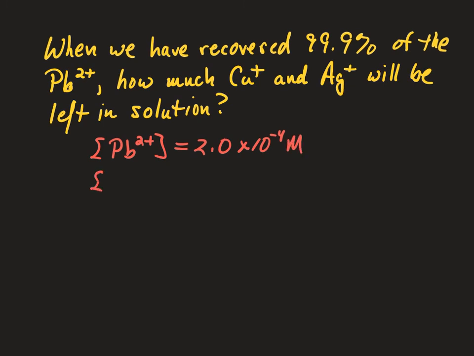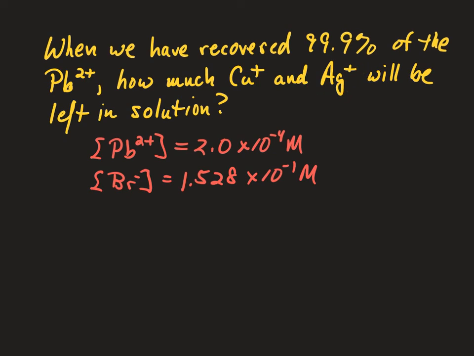But we said the concentration of bromide ion would be 1.528 times 10 to the minus 1 molar. So if there's that much bromide ion, can we figure out how much copper ion is left and how much silver ion would be left?